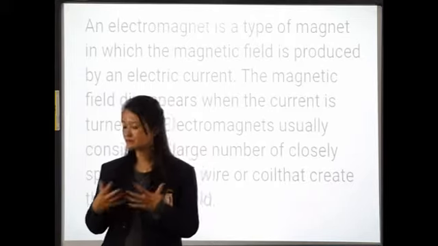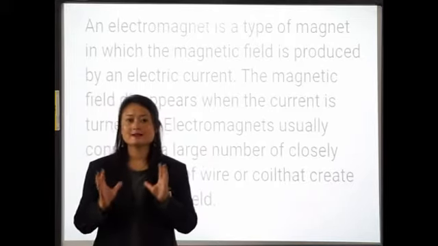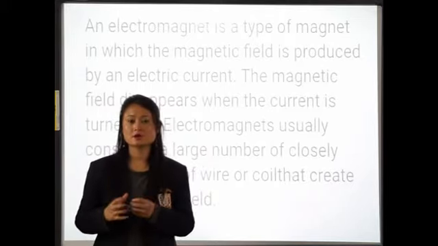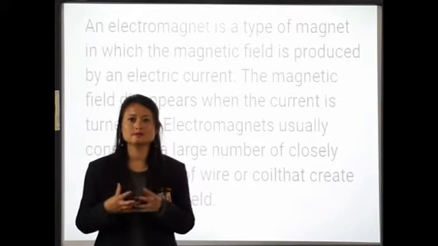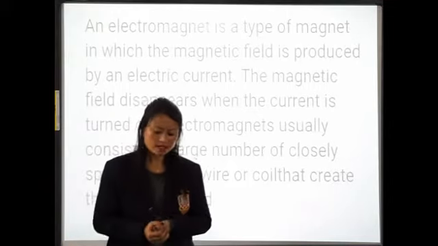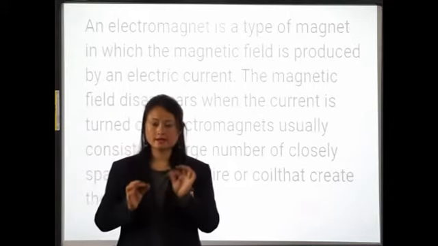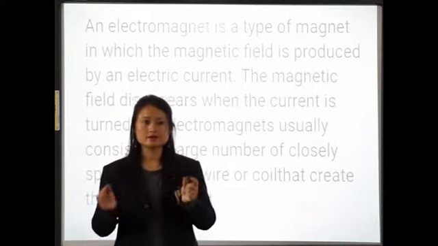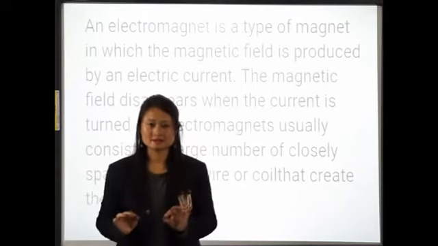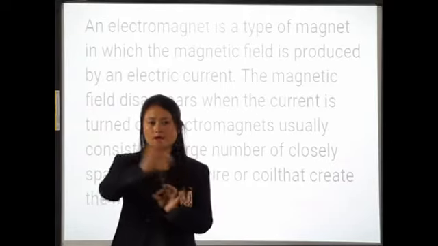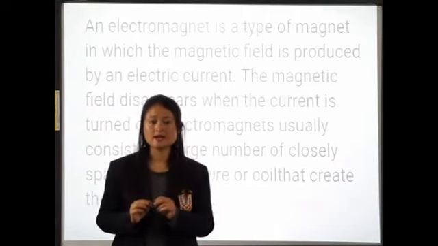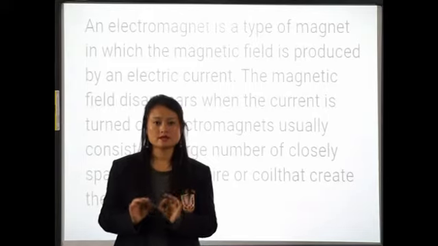It's a magnet in which a magnetic field is produced because of the current which flows through the wire. Say you connect a wire to the two ends of the battery, and when you connect it, what happens?